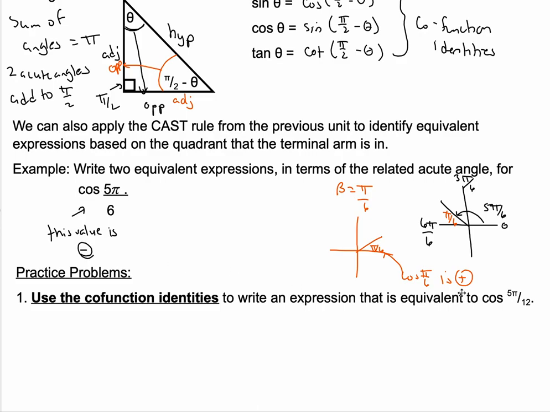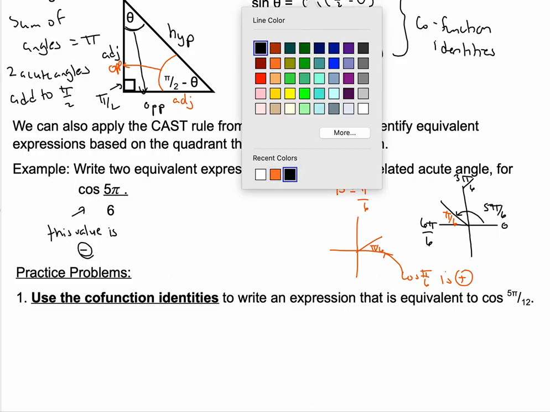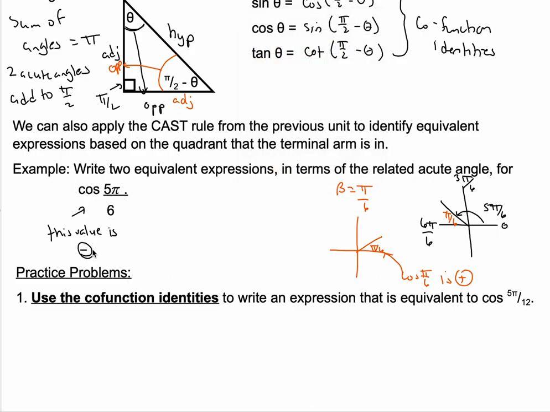So these two things have opposite signs. So if I want to write them as equivalent, and I'm not worried about the numbers, I don't care what the values are, I do know this though. I know that the cos of 5 pi over 6 is going to be equal to the opposite of the cos of pi over 6.